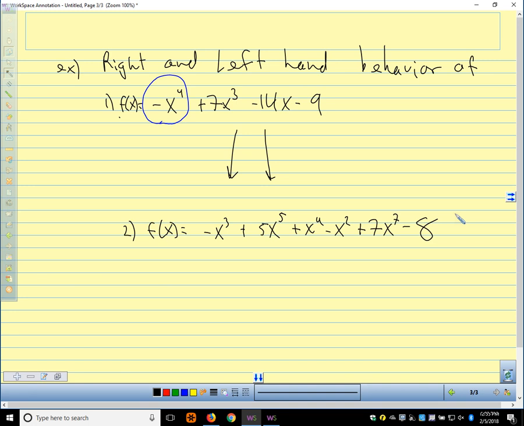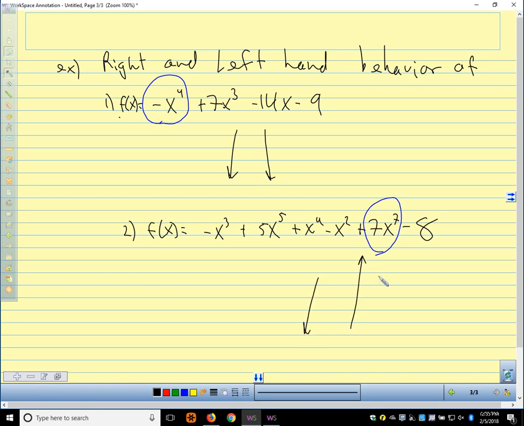Our leading coefficient, is that the first one? No, it's actually the second to last. It's the highest power of x. All we care about is this one. Odd exponent, positive coefficient. So what does this do? Down here and up here.